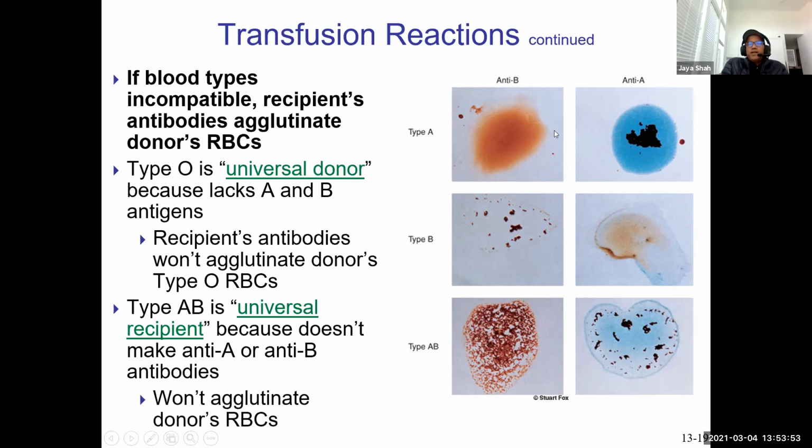But if I mix anti-B antibodies with type B blood group, what will happen? It will agglutinate. If I mix anti-A antibodies with A blood group, what will happen? Again, agglutinate. If I mix anti-A antibodies with type B blood group, no agglutination because type B contains those antibodies.